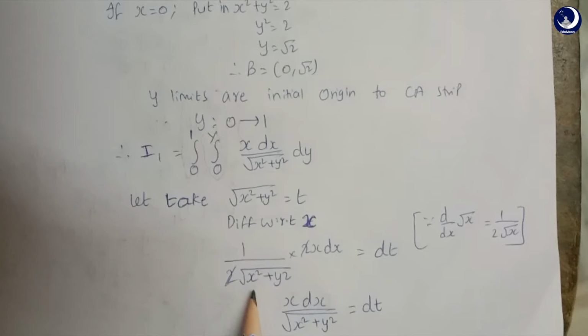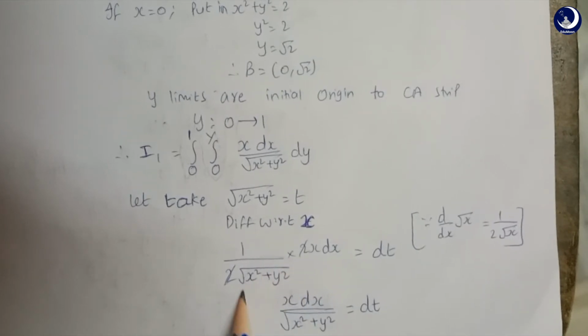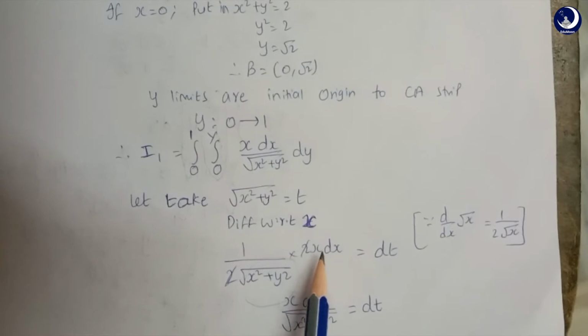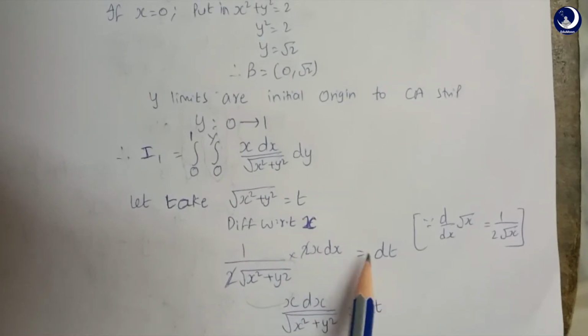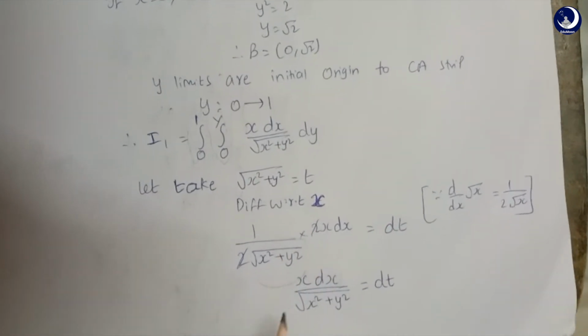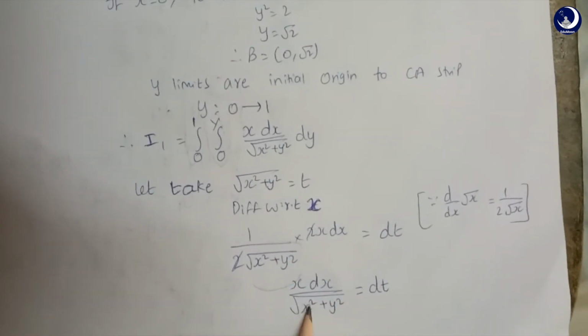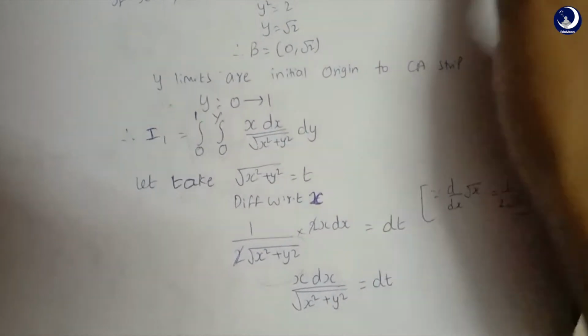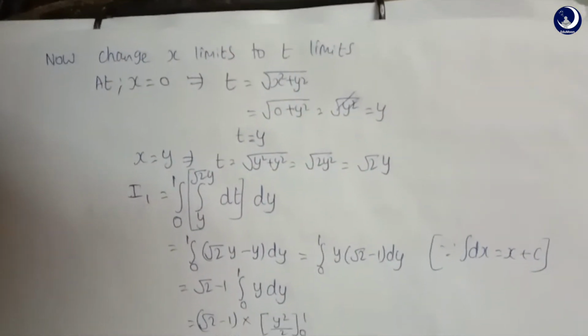So 1 by 2 into root over x square plus y square, and this function is also differentiated, which gives 2x into dx equal to dt. By solving this, we get x dx by root over x square plus y square equal to dt.